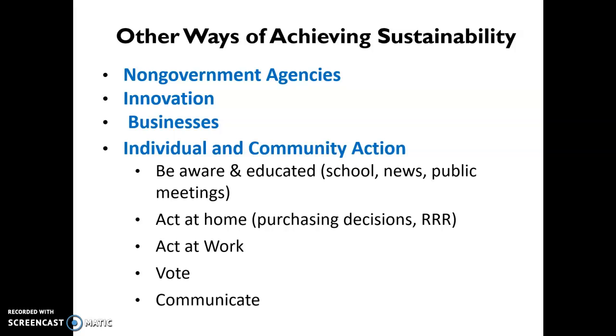So that would be an example of how businesses can achieve sustainability, and it might actually benefit them economically. And of course, we can't forget individual and community action. Being aware and educated is huge. And when we can act at home or act at work or vote or just plain old communicate, that's awesome.